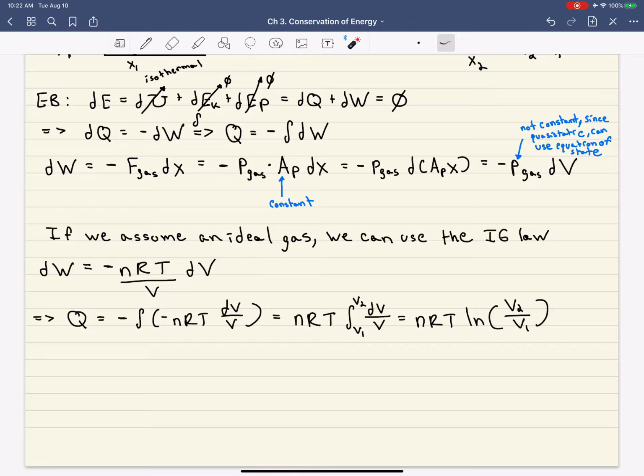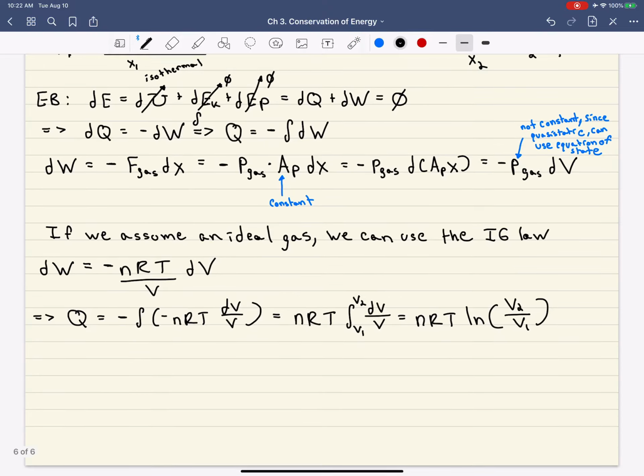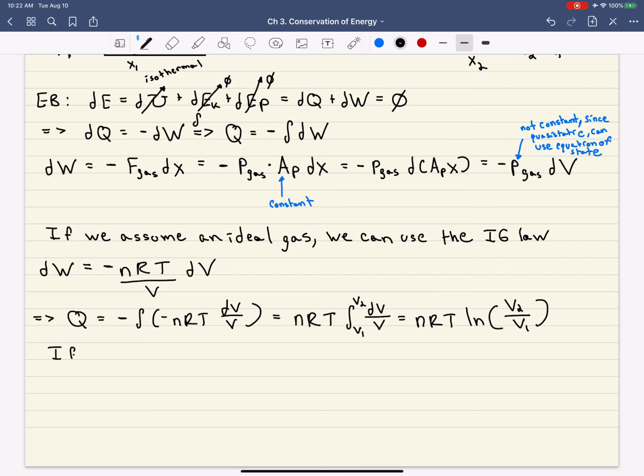And so this is going to give us insight into what the sign and the direction of the heat are going to be. For instance, if the volume in state 2 is greater than the volume in state 1, we know that the work exerted by the system, by the gas, is going to be negative because the system is expanding.